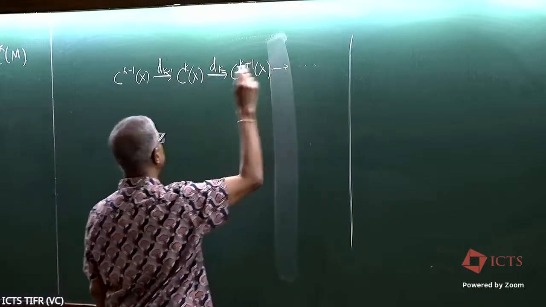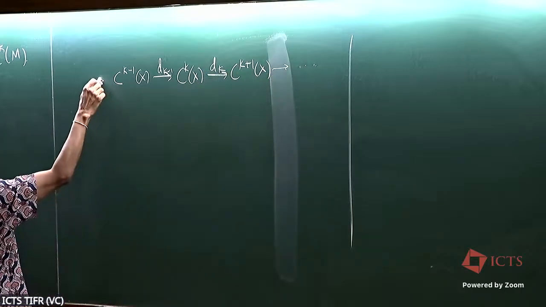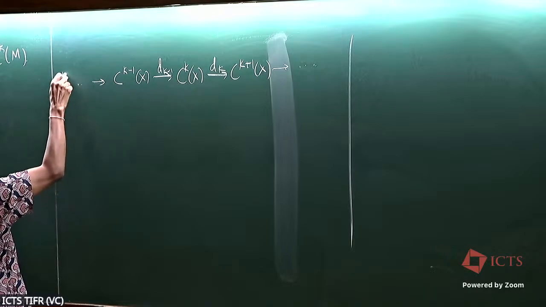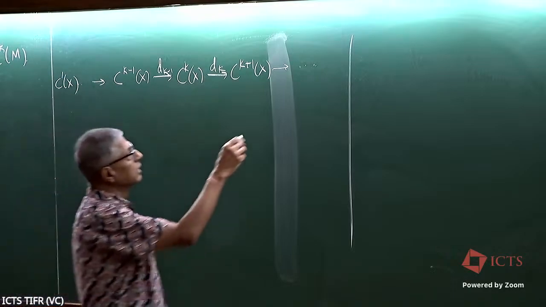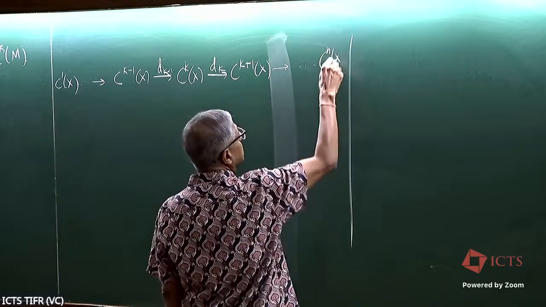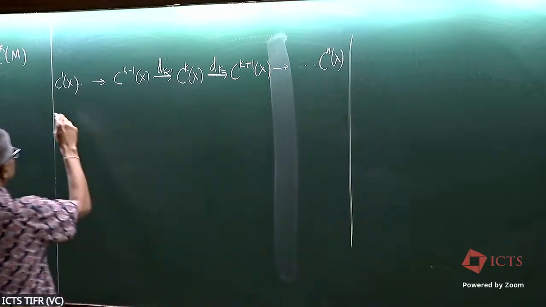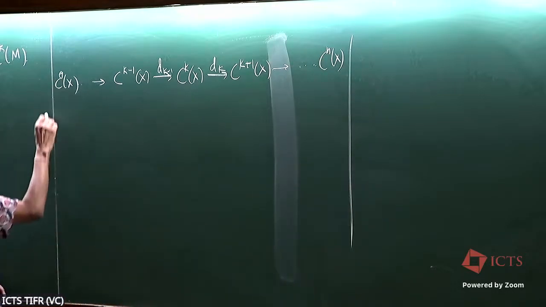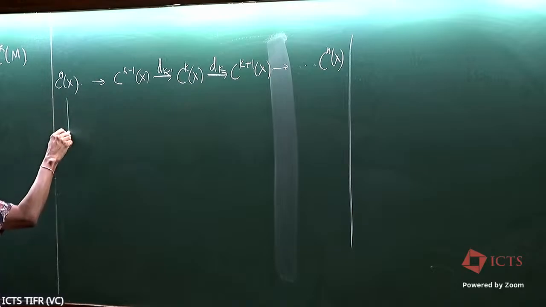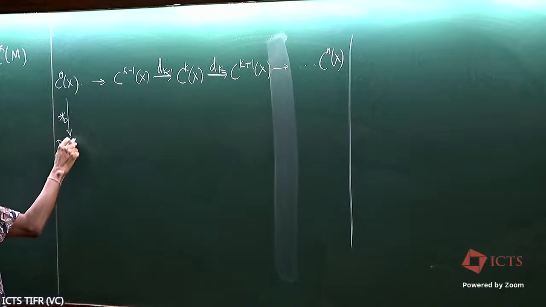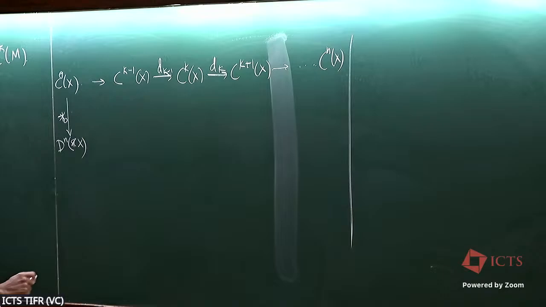This continues until you reach n, and on this end until you reach C^0. Via this Hodge star isomorphism, you can put a star here, and that brings you to dual n-forms on the dual cell complex.